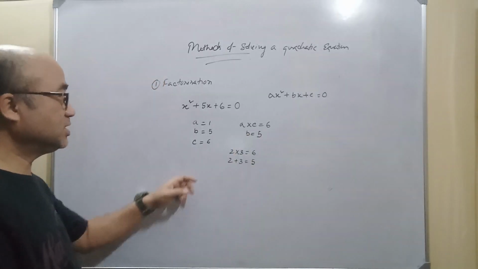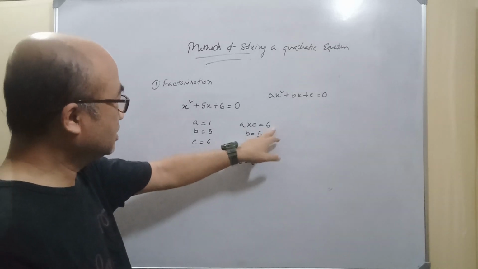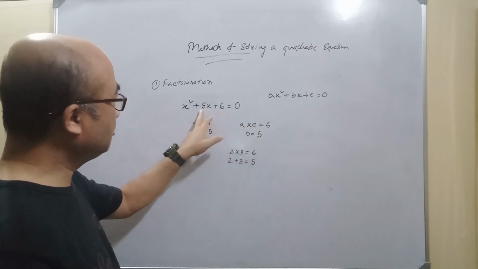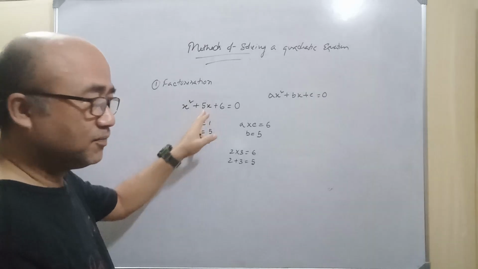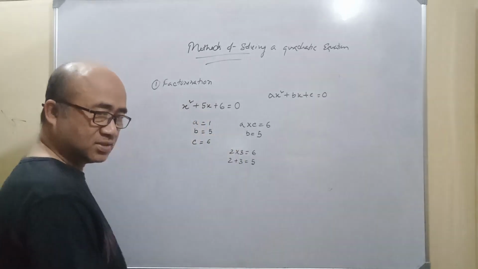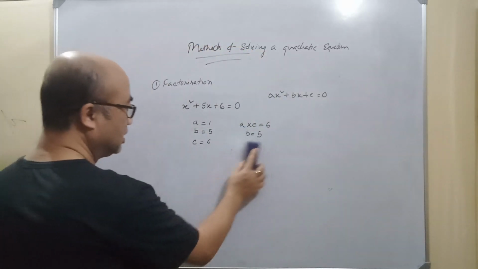So in factorization you find two numbers whose product is equal to ac and whose summation is equal to b. So we got 2 and 3 are the numbers.